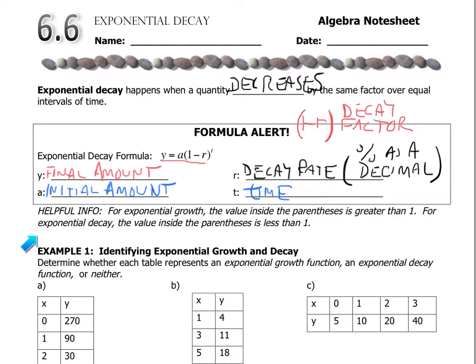For exponential decay, the value is always going to be less than 1. That comes from the growth factor: when we had a 1 plus r, the decay factor is a 1 minus r. Again, the 1 represents 100% as a decimal, and then the rate is either going up for growth or, in this case, going down from that 100% for decay.